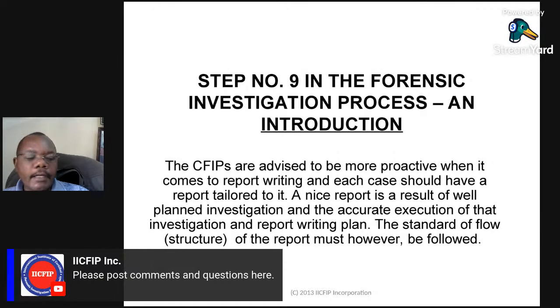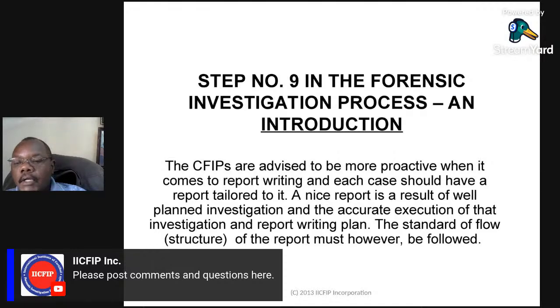You could also realize that an investigation of a financial nature, that is investigation of fraud, corruption, money laundering, etc., will involve the collection of hundreds and even tens of hundreds of exhibits, and this will fill several files.